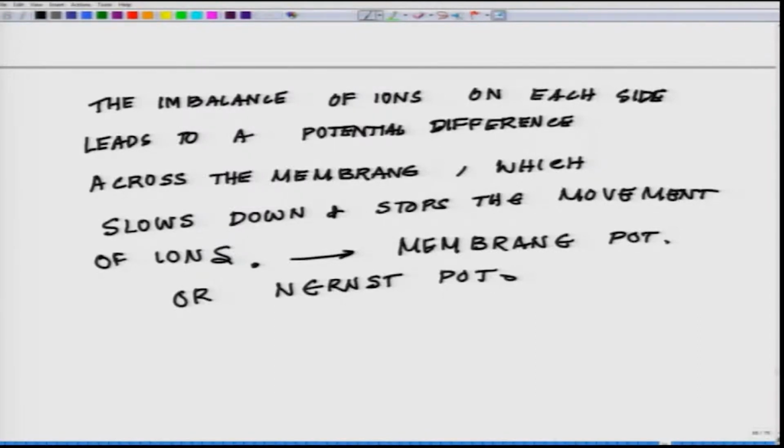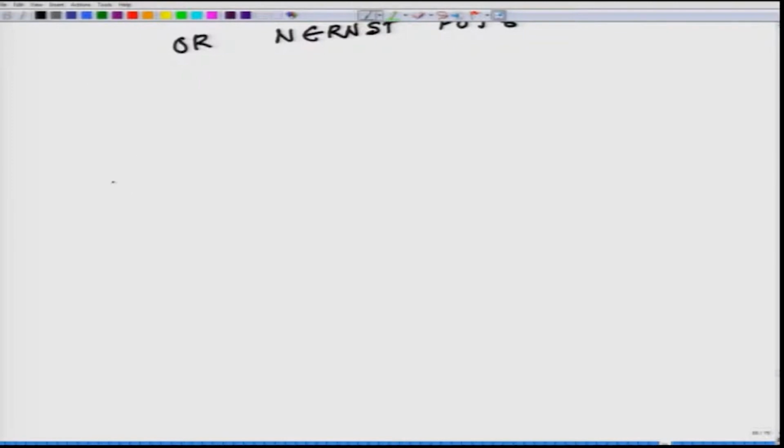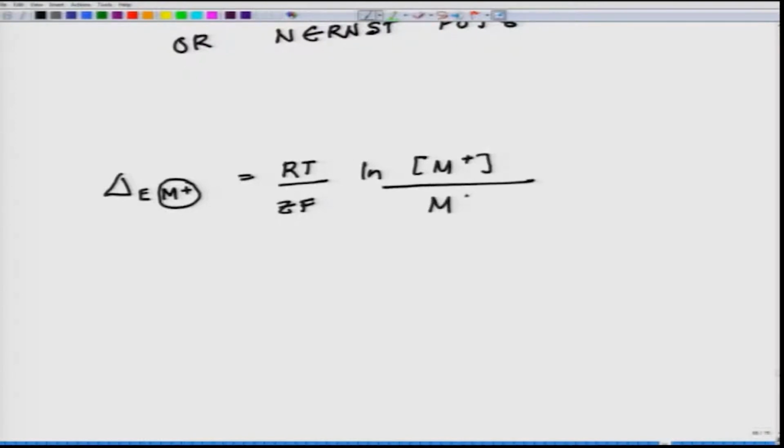The situation can be analyzed in the same manner as concentration cell to show that for any ion M, now this is where the important part is coming, delta E for M plus, say for example, any ion M is given by RT over ZF ln, where your M plus inside the cell, M plus outside the cell.